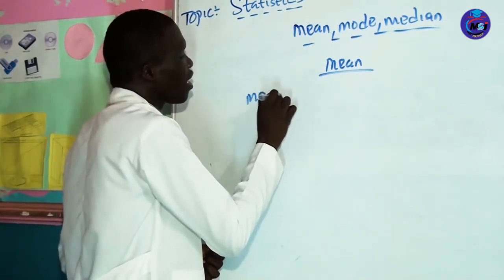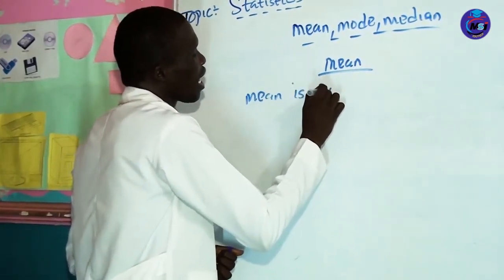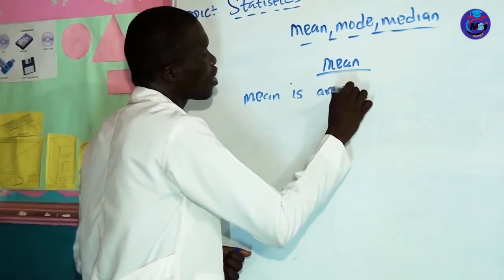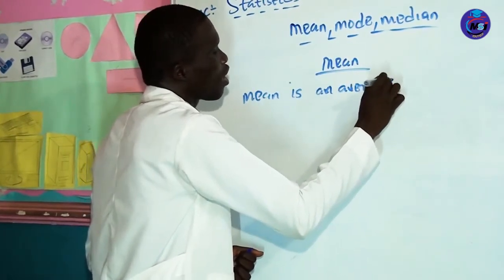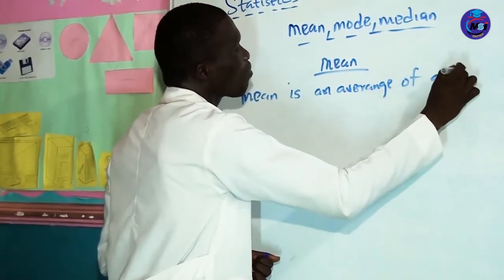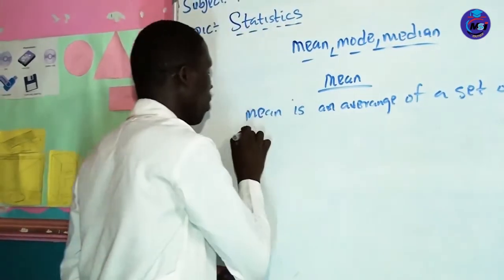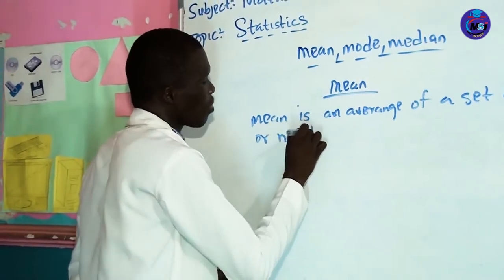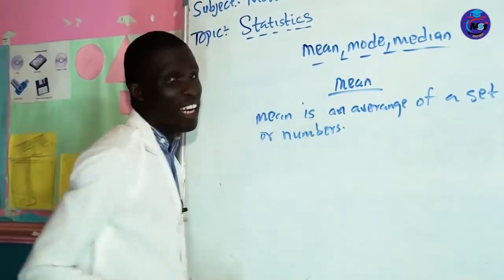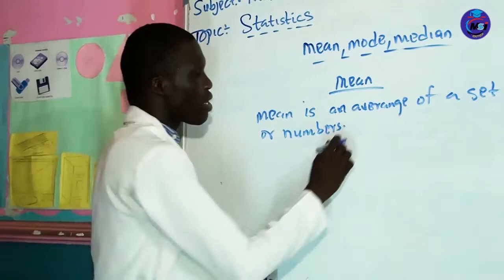Mean is an average of a set of data or numbers. Another word for mean is average.